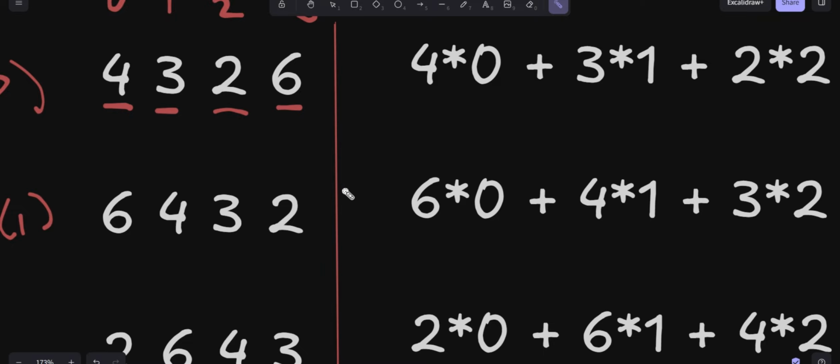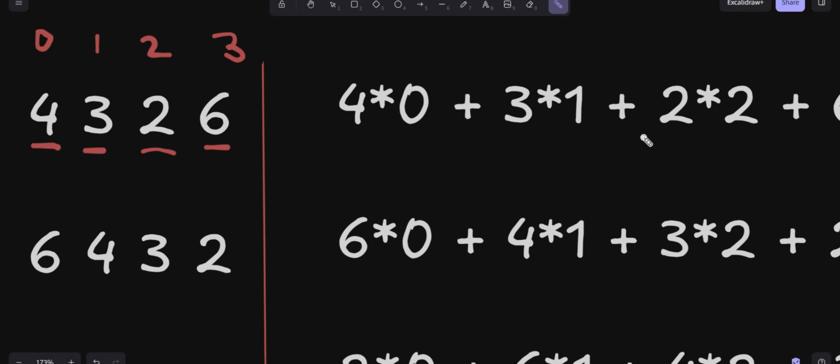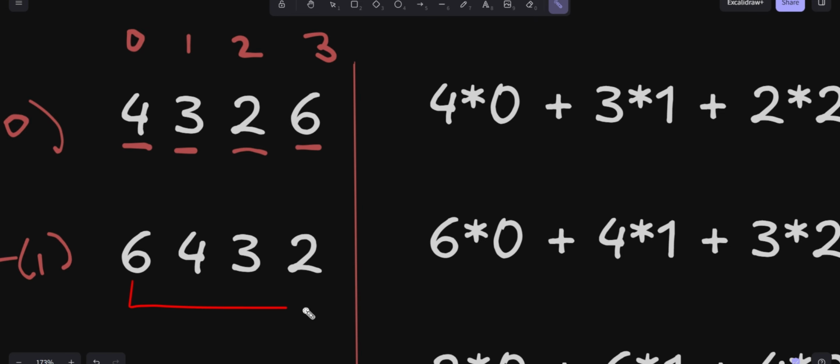So the next value that we calculated, f of 1, was somehow related to f of 0. If we claim this particular value to be equal to previous, then this value became previous minus 6 times 3 plus 4 plus 3 plus 2. How?